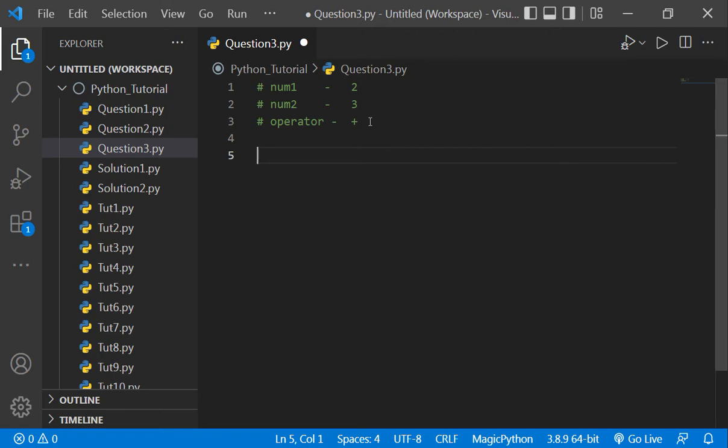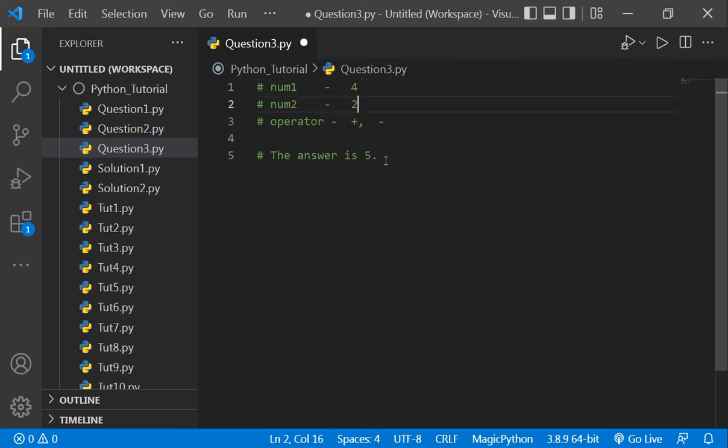It should be, or you can write, the answer is, and you have to write the answer here, whatever answer you will get. So here as you can see 2 plus 3 is 5, so it should be like this. The answer is 5.